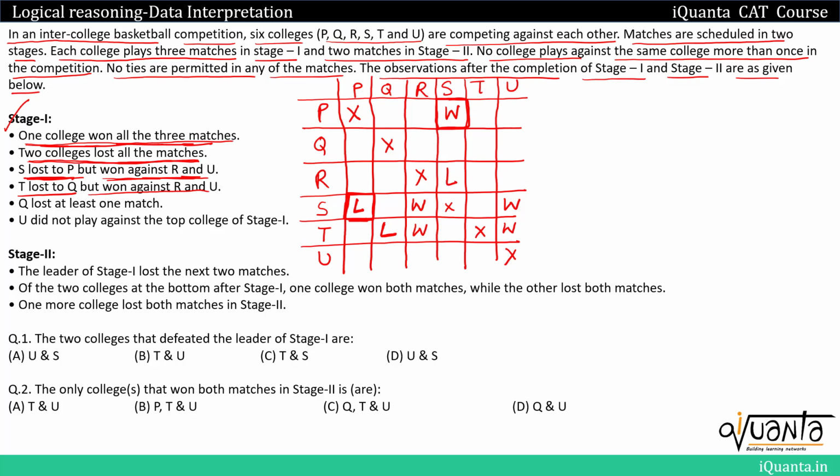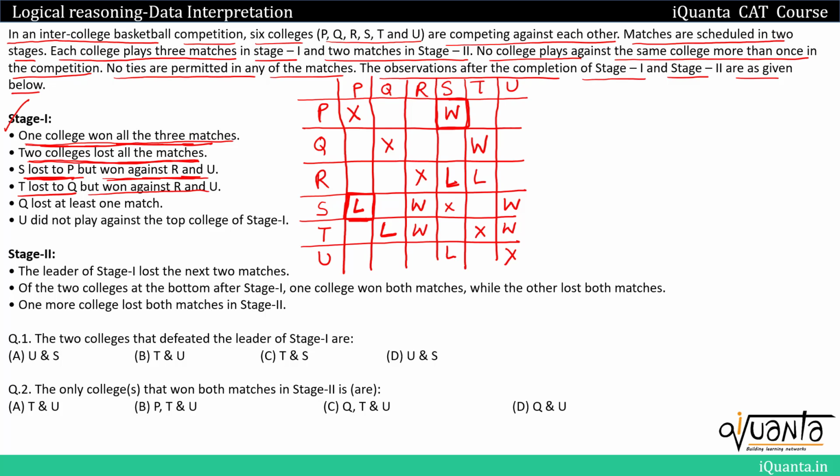Then similarly, S won against U, so U against S will be a loss. Similarly, T lost against Q, so Q will be winning against T, so Q against T will be a win. Then T won against R, so R against T will be a loss.